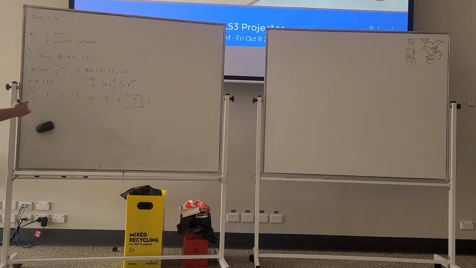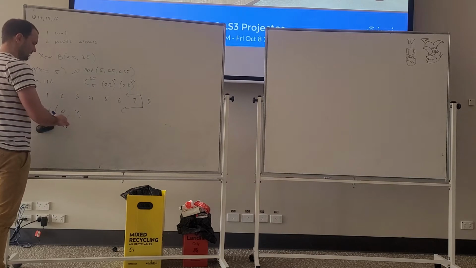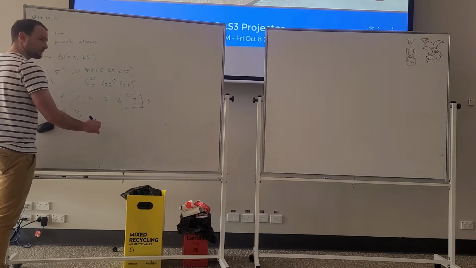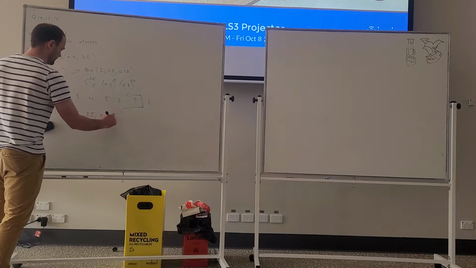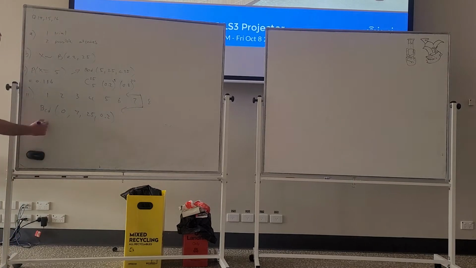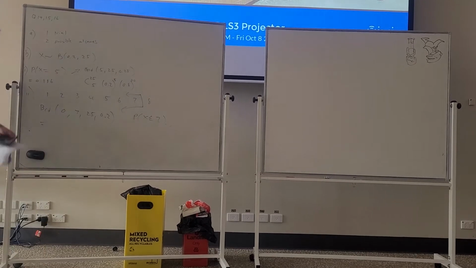So that's a Bcd calculation, where the lower boundary is 0. The upper boundary is 7. So Bcd, lower boundary, upper boundary. Number of trials is 25, and probability of success 0.2. So that's the calculation we're doing there. That is the probability of the variable being less than or equal to 7.